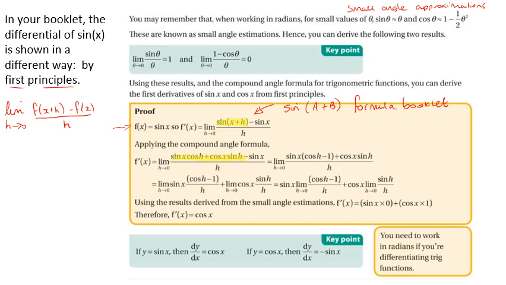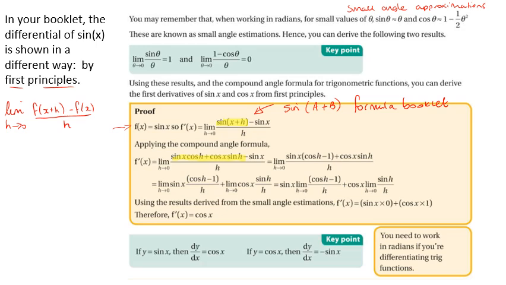Rather than A's and B's, we've got x's and h's. So we have sine x cos h plus cos x sine h. The other sine x on the top, let's just leave that there for a minute, and then the h on the bottom, again, let's just leave that there for now.